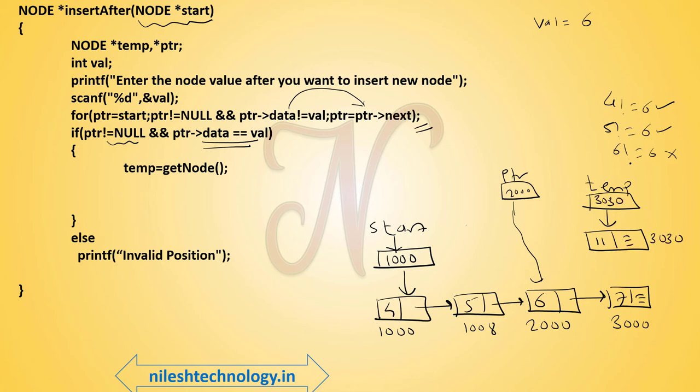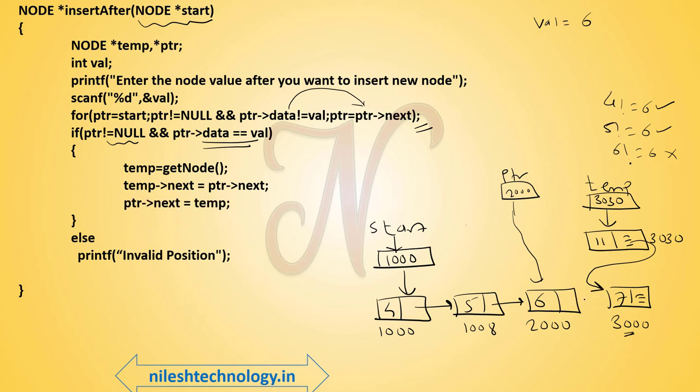Next, temp of next is equal to ptr of next. So this is your temp of next, which is pointing to ptr of next. Ptr of next points to 3000, so temp of next is also pointing to 3000. Then the next line is ptr of next.